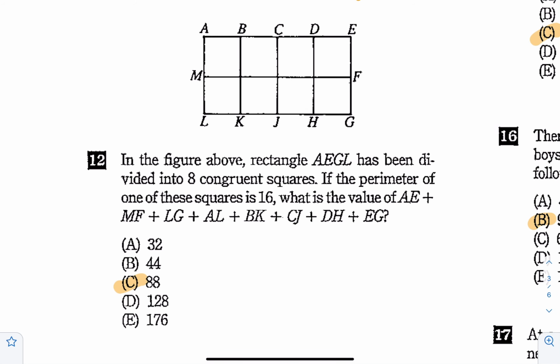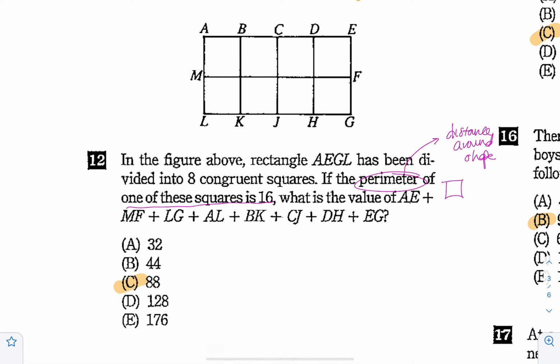Next, for number 12, in the figure above, rectangle AEGL has been divided into 8 congruent squares. If the perimeter of one of these squares is 16, what's the value of AE plus MF, LG, AL, BK, CJ, DH, and EG? So here, this whole rectangle has been divided into 8 equal squares, and the perimeter of one of these squares is 16. The keyword here is perimeter, and this is the distance around a shape.